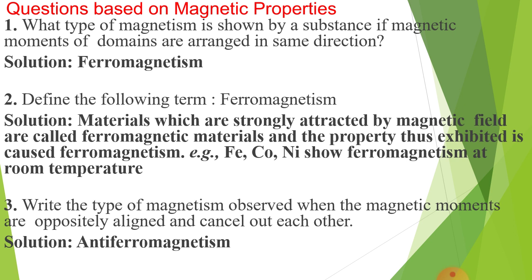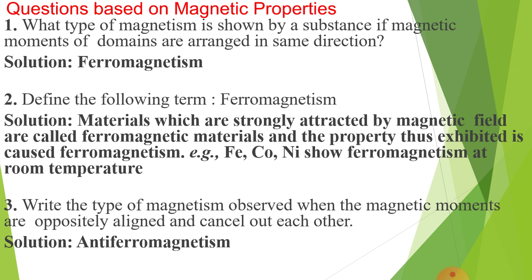Second, define the following term. This type of question may also arise. Ferromagnetism. Here, materials which are strongly attracted by a magnetic field are called ferromagnetic materials, and the property thus exhibited is called ferromagnetism. The common examples are iron, cobalt, nickel, etc.